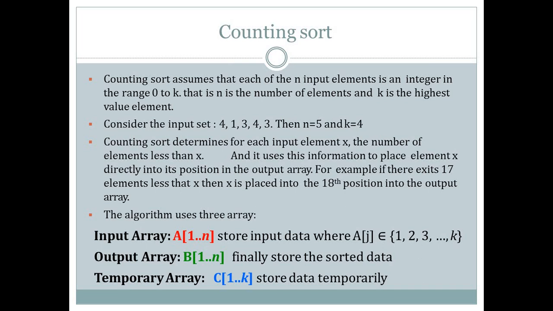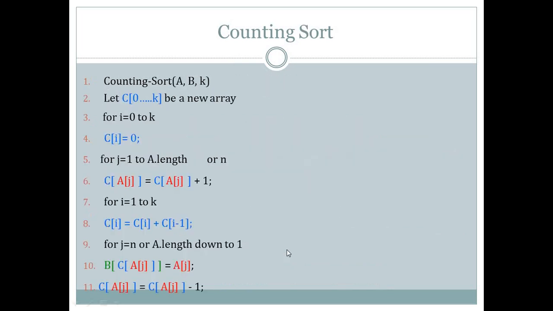You have to know that we will use a total of 3 arrays here. Our arrays will be A, B and C. Our input array will be A, our output or resultant array will be B, and for the sorting we will take a third temporary array, named C. Let's start with its pseudocode, or its algorithm.